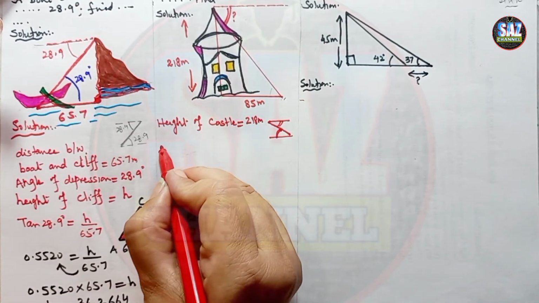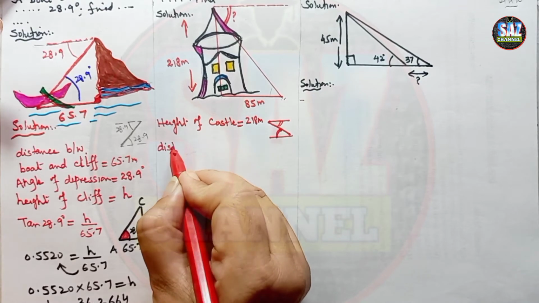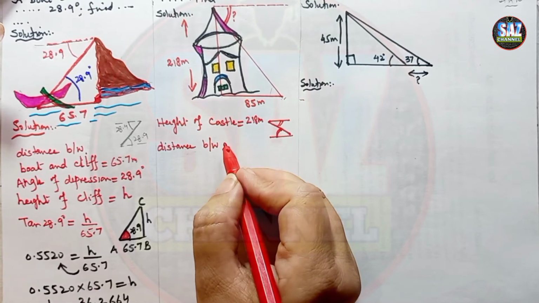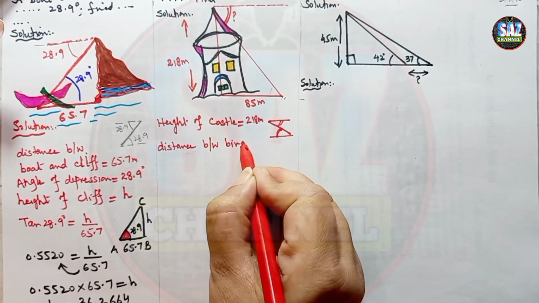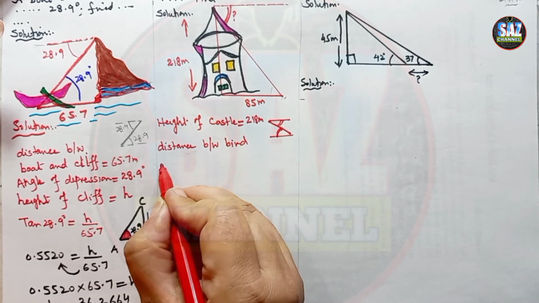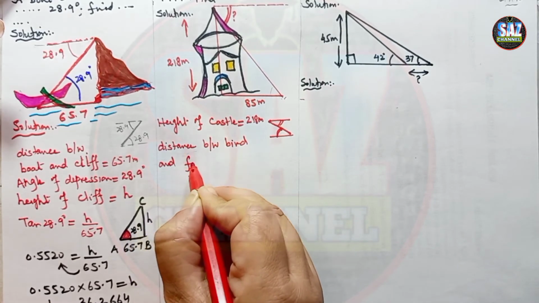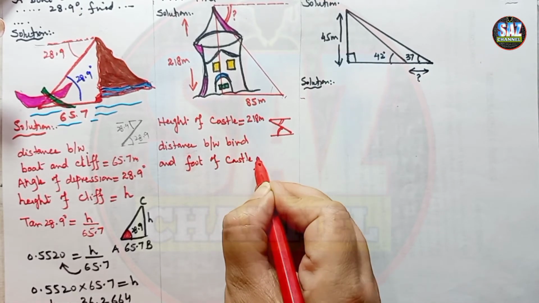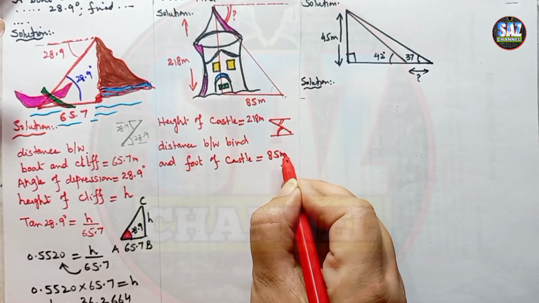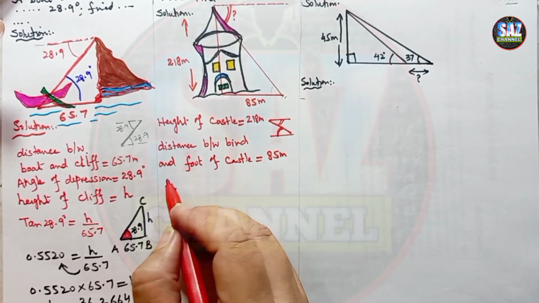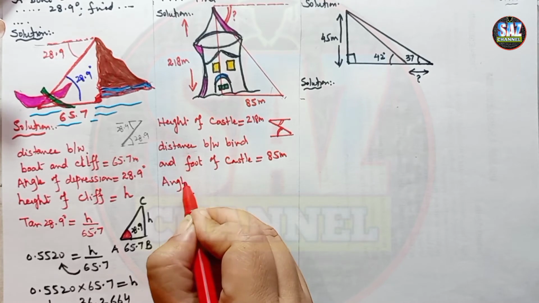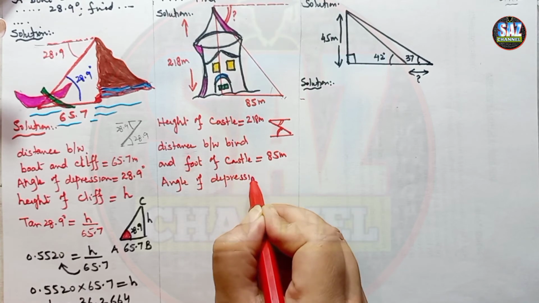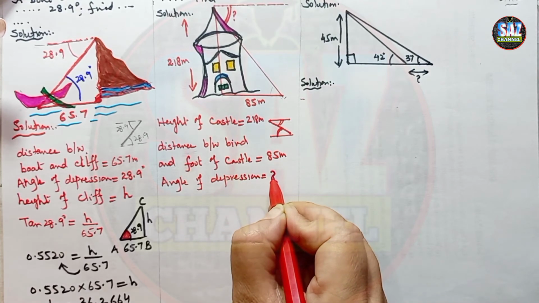Distance between the bird and foot of building, distance between bird and foot of castle is 85 meters, and angle of depression is unknown. We do not know.